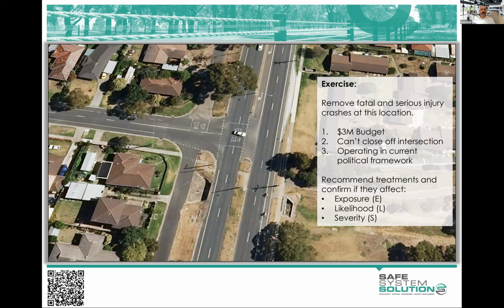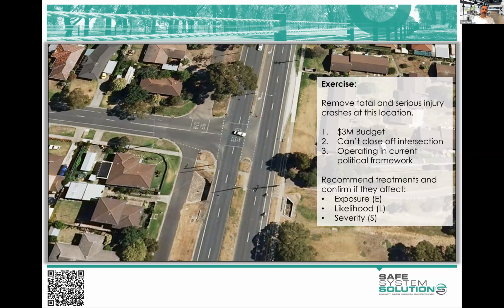But you may have other questions to ask around different treatments or different things you want to do, and how much that costs. Or if you've got an idea yourself, the point of the exercise is not to get the cost estimation accurate. The point of the exercise is to think through what treatments we could implement, and do they influence the exposure, the likelihood, or the severity of crashes at this location.